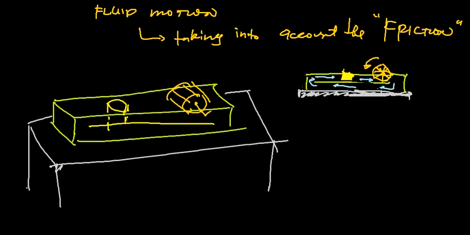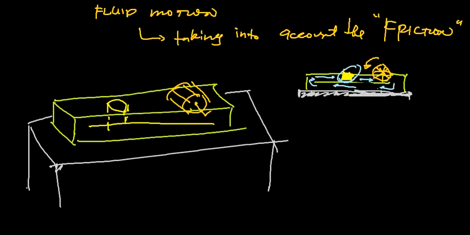So this is the experimental setup of Mr. Prandtl to describe the fluid motion when in contact with some materials, and taking into account the friction between these two, the fluid and this material.